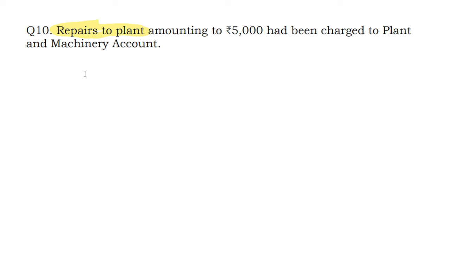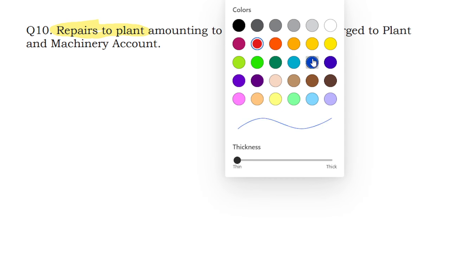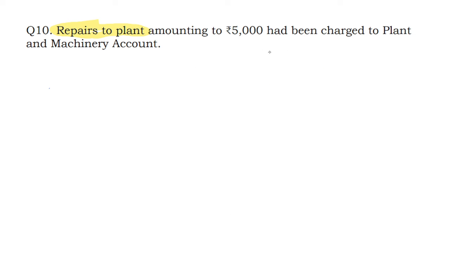It is simply repairs. So what happened? The wrong entry is that it is debited to the plant account. Instead of showing it under the repairs account, it is shown as plant and machinery, charged to plant and machinery.